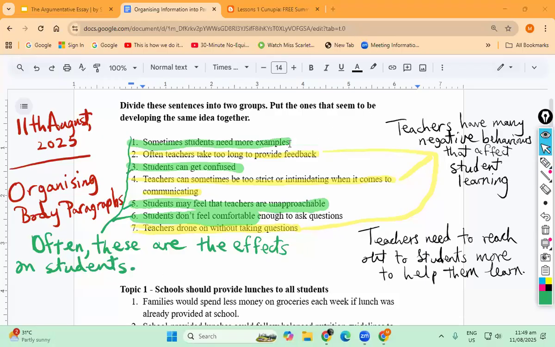Sometimes they will need more examples. They will get confused. They will feel that teachers are unapproachable and they will not feel comfortable enough to ask questions, right?